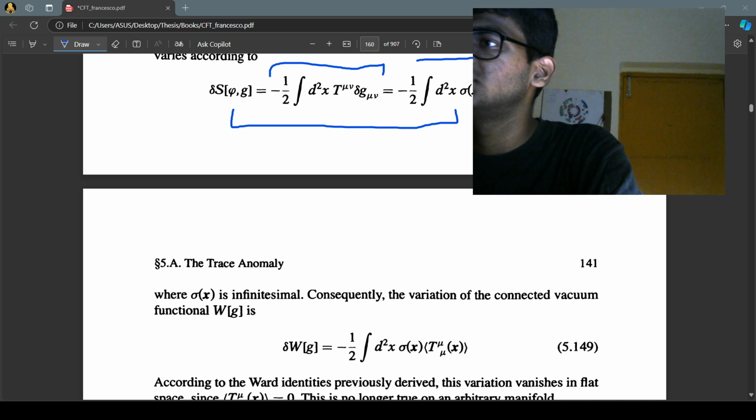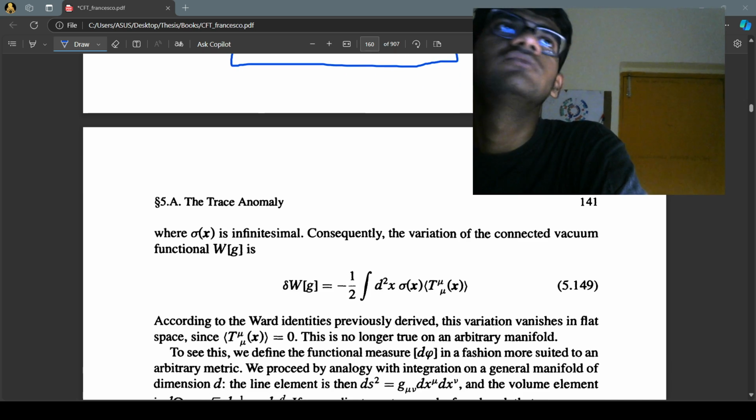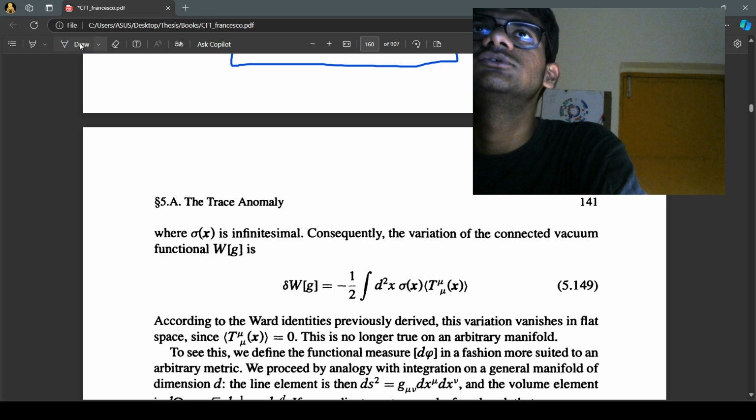Quantum field theory. Correlation functions, vacuum wave function. Connected, what the hell? Connected vacuum functional. I probably have to just search connected.